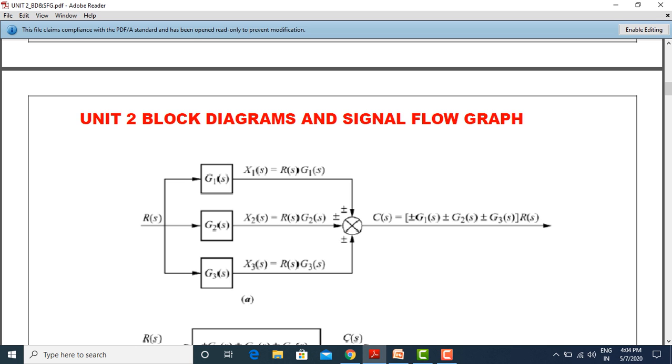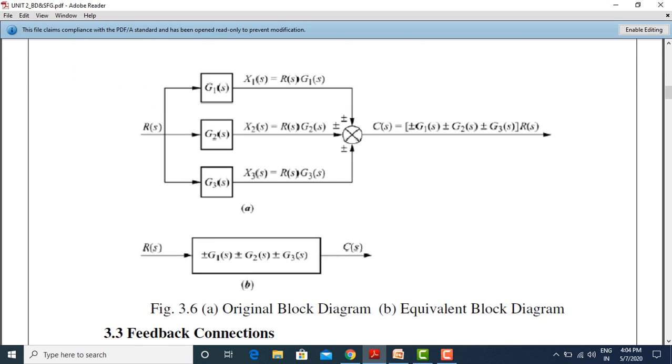Signal coming to this point: R of S into G1 of S, x2 of S, R of S into G2 of S, x3 of S, R of S into G3 of S. Now how are we going to calculate the C of S? Just plus or minus G1 of S plus or minus G2 of S plus or minus G3 of S into R of S. That will be the resultant.